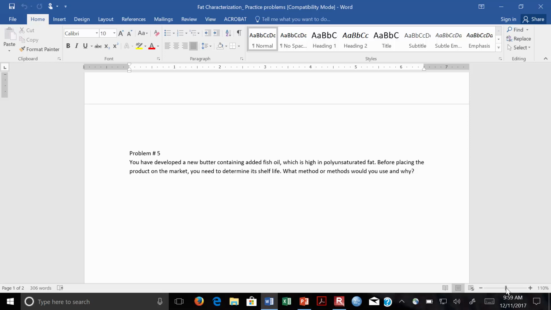So we have 3 tests that you can choose from. The oven test, where you just put the sample at 60 degrees Celsius over an extended period of time, and then you pull samples out and measure peroxide value so that you can determine the induction period.